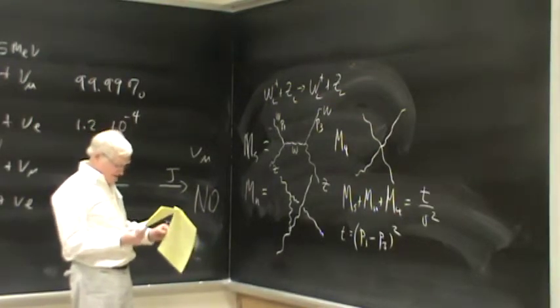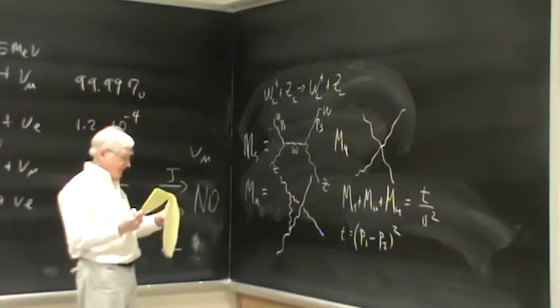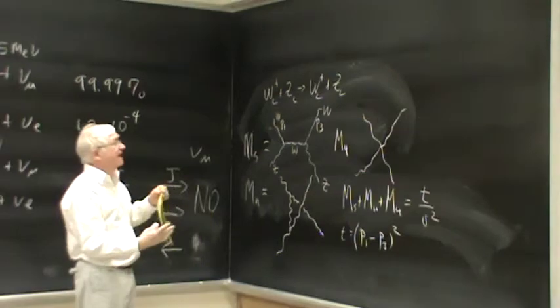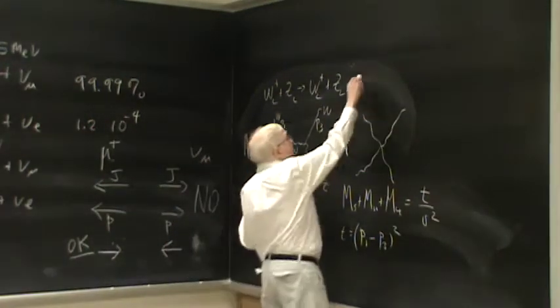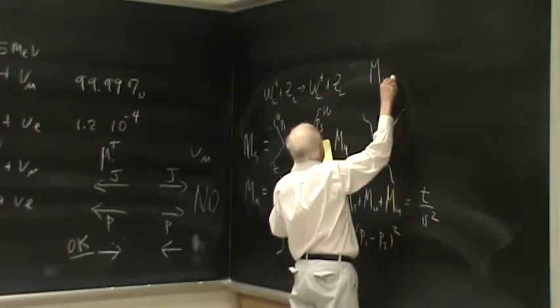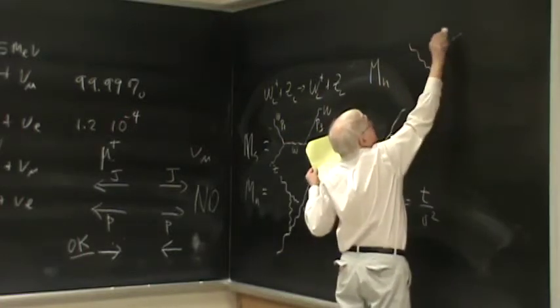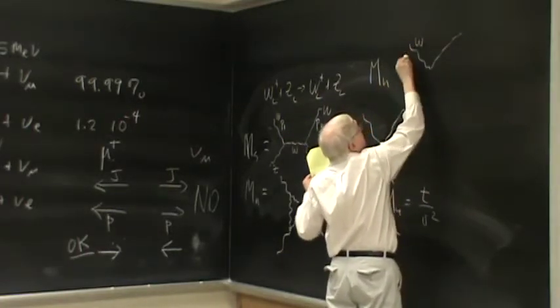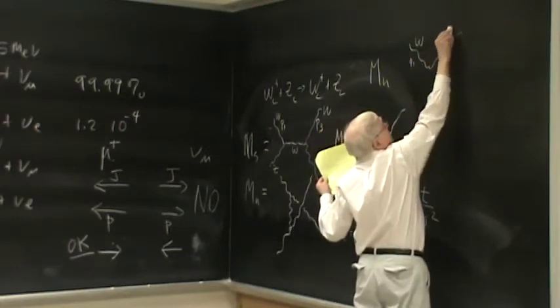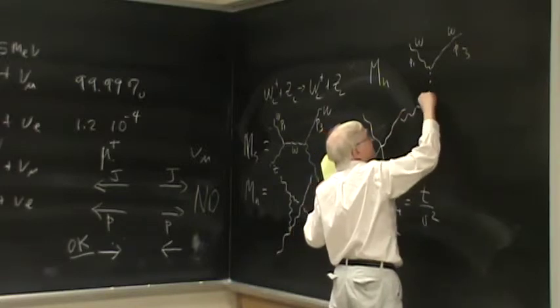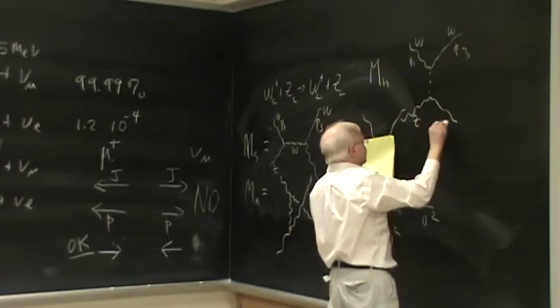All right, well, what comes to the rescue here is the Higgs. Namely, there's one more term, MH. And what does this look like? Well, this is W coming in, a Higgs going across, and the Z's doing that.